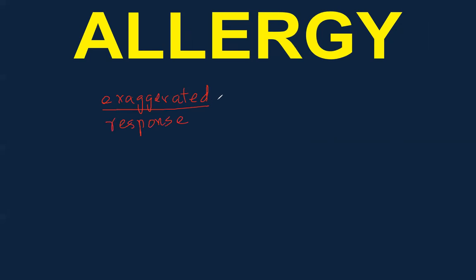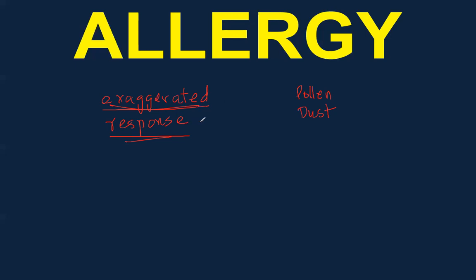When the immune system responds excessively in some people, not in everyone, you get an allergy. You could be allergic to anything. For example, you can be allergic to pollen grains or dust particles, because in some people these substances cause an exaggerated response to that antigen.